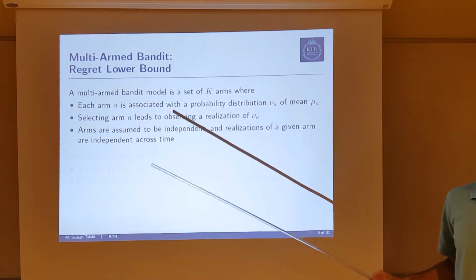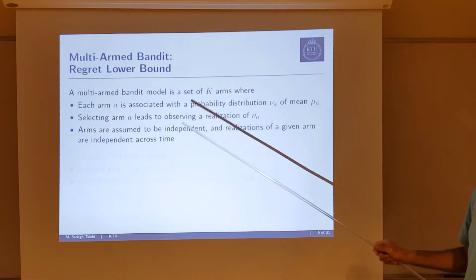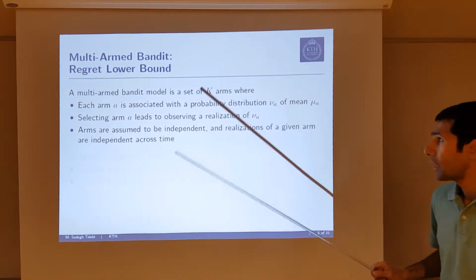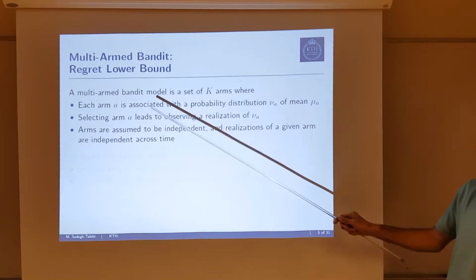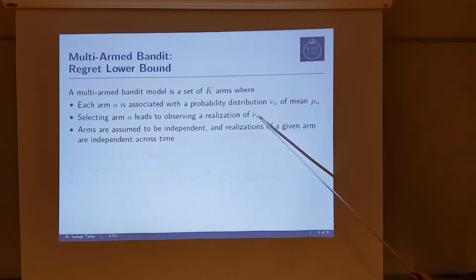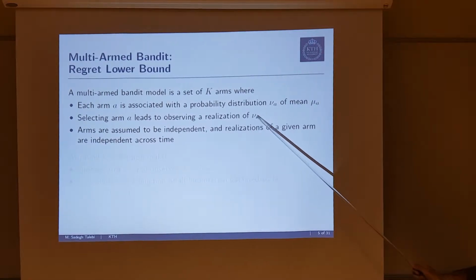But you can alternatively think of minimizing the cost, and you may call it a random cost according to this distribution. Anyway, according to choosing an arm A, you draw a sample from nu A.